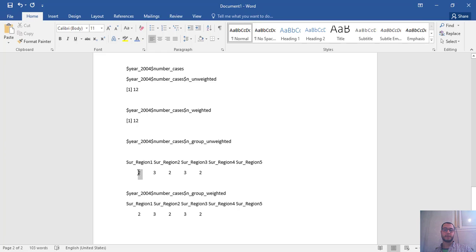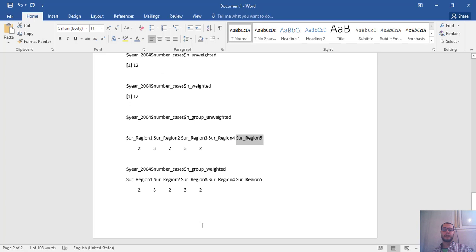We have 2 regions in sub-region 1, 3 regions in sub-region 2, 2 regions in sub-region 3, and 2 regions in sub-region 5. Number of cases, same thing.